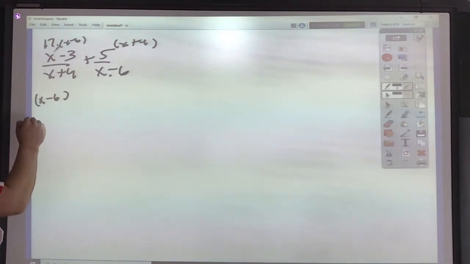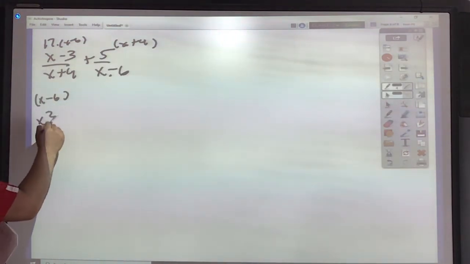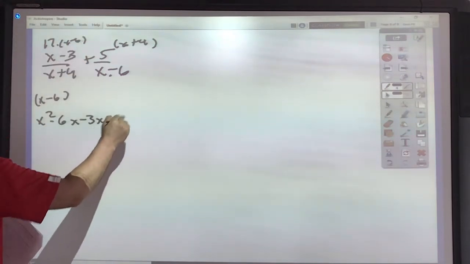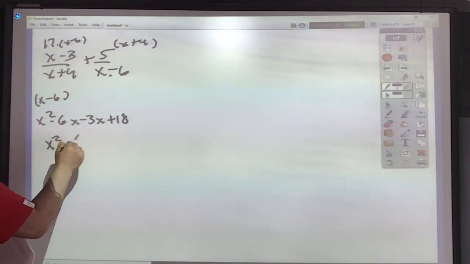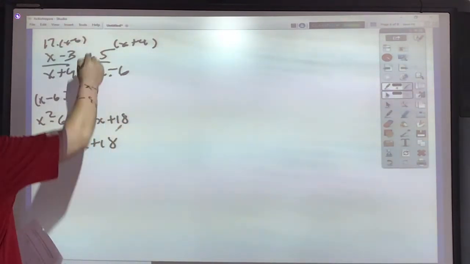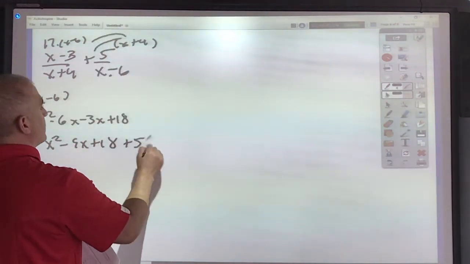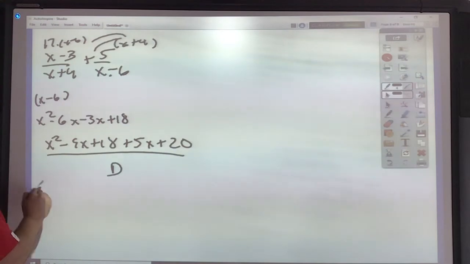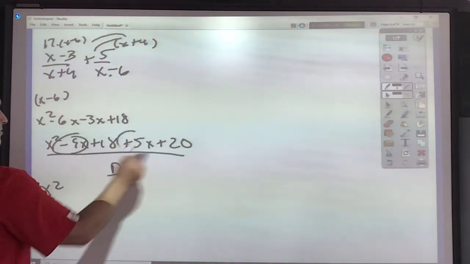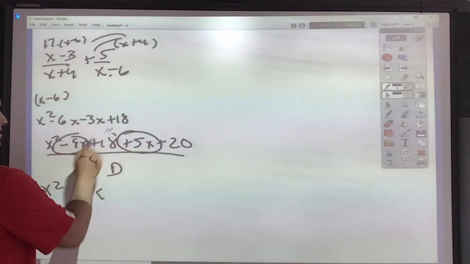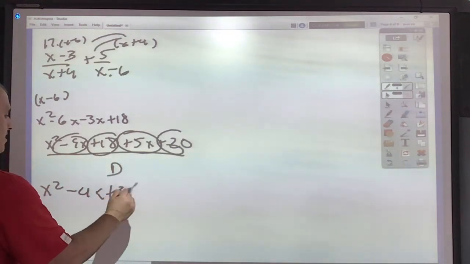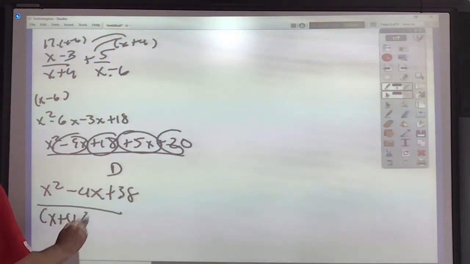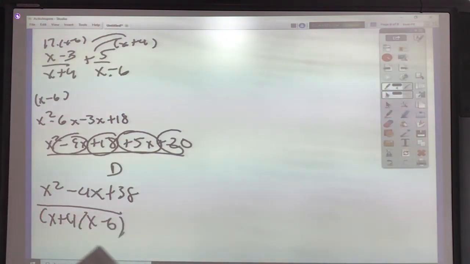This would be x squared minus 6x minus 3x. -3 times that would be 18. Combine that, that's x squared minus 9x plus 18. Distribute that, that's going to be 5x plus 20. All over my common denominator. So I got x squared, this and this would combine to -4x, this and this would combine to 38, all over x plus 4 and x minus 6.